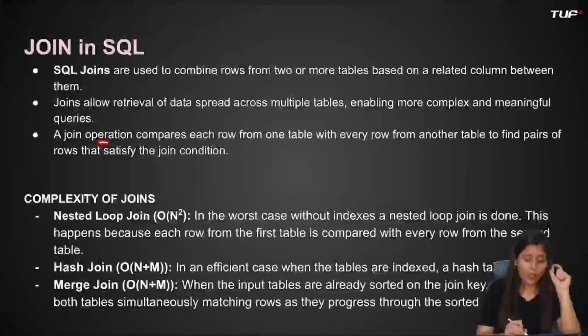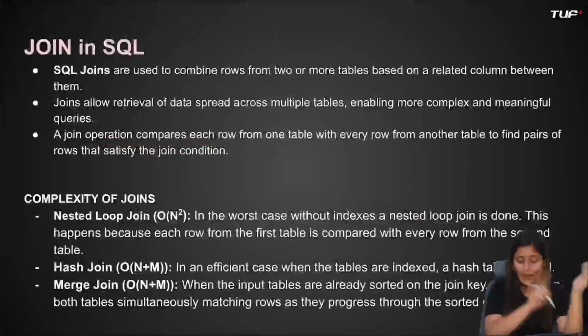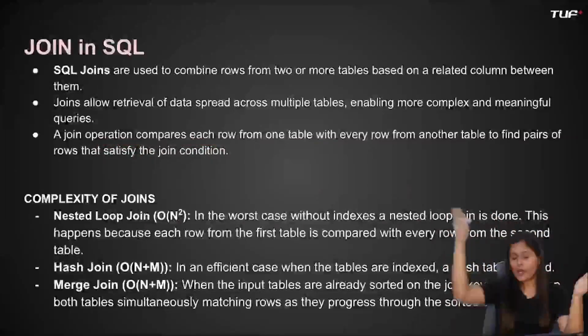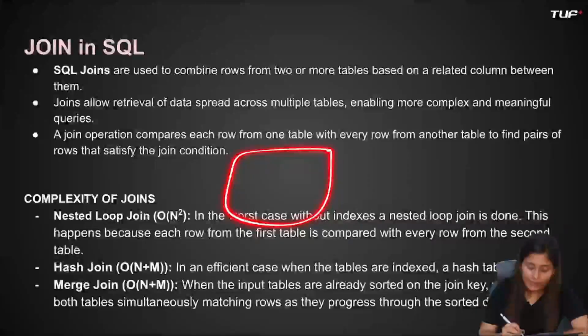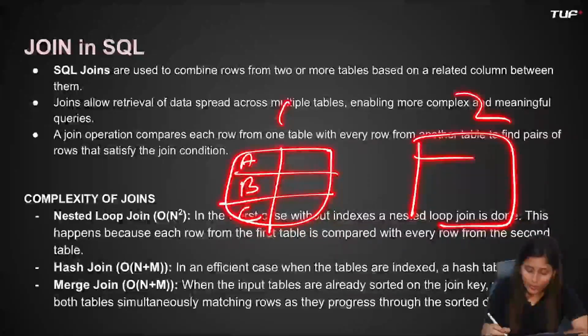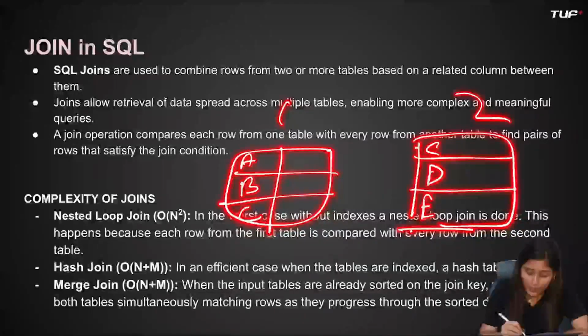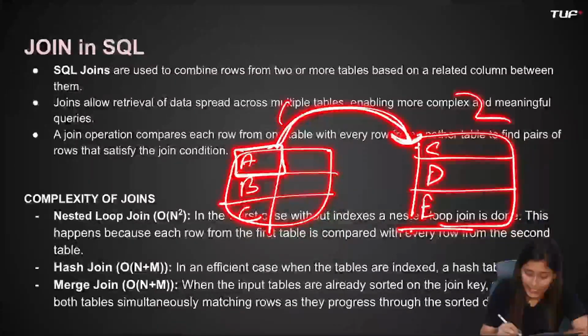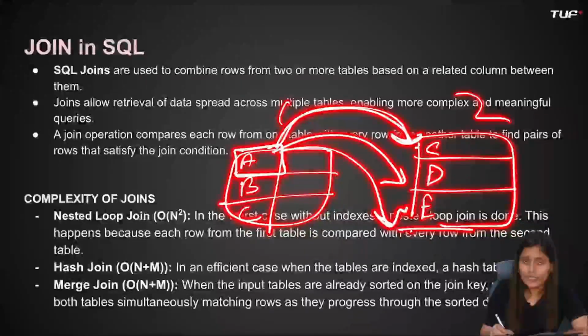A join operation compares each row from one table with every row from another table. Let's suppose we have a table with A, B and C, and another table with C, D and E. The first row will be compared: A will be compared with C, A with D, A with E. On the basis of the condition, if it is true, it will keep the data.